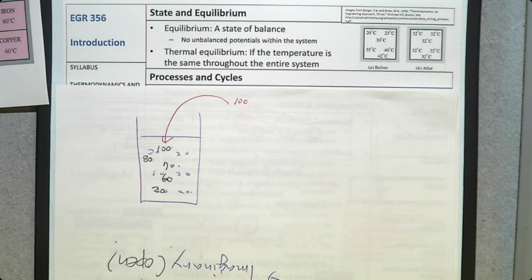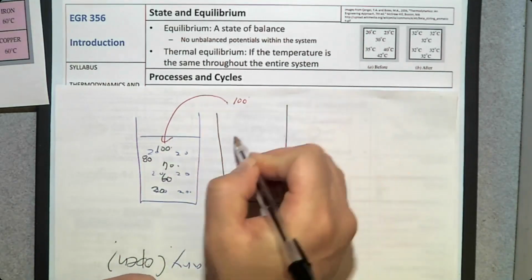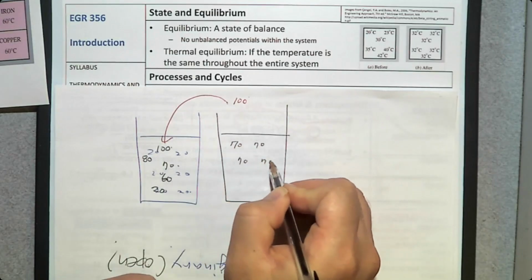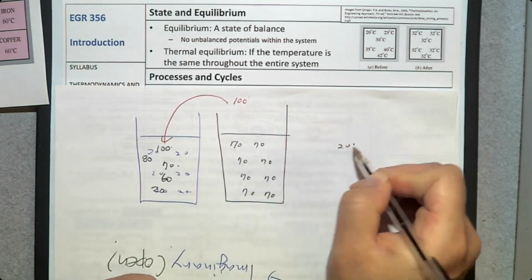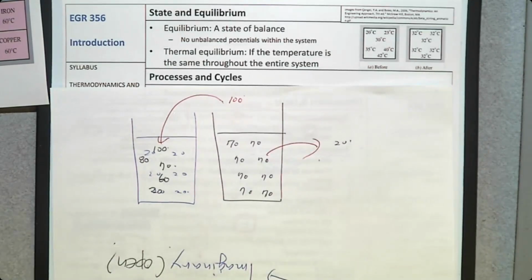We wait maybe 1 or 2 minutes for it to stir inside, so that the temperature in the cup is going to be uniform. So if you wait, then you get 70, 70, 70, 70, and the surrounding is 20. Now you can study the heat transfer from this coffee to the surroundings.